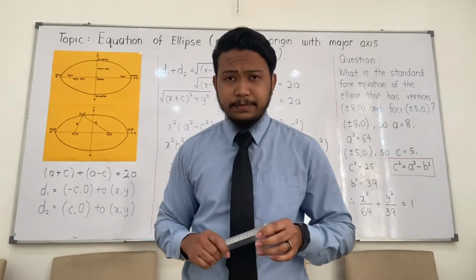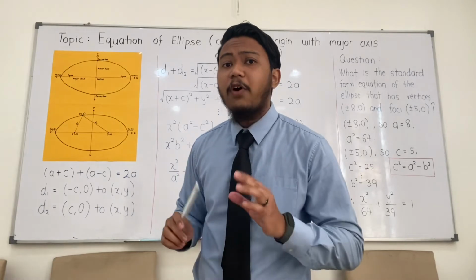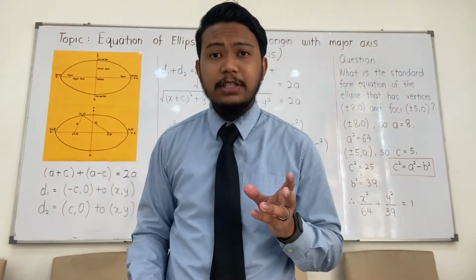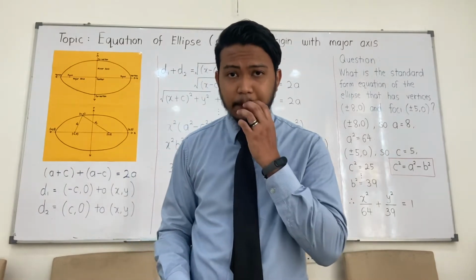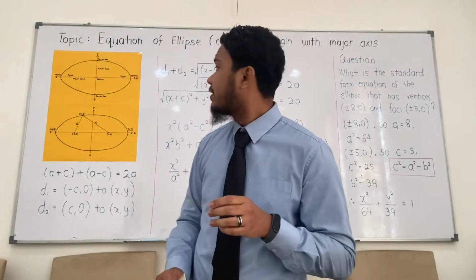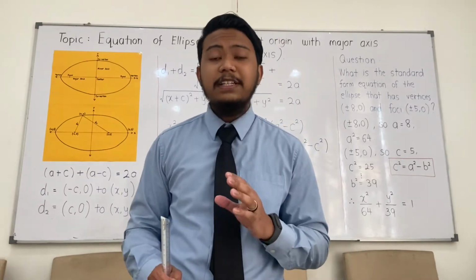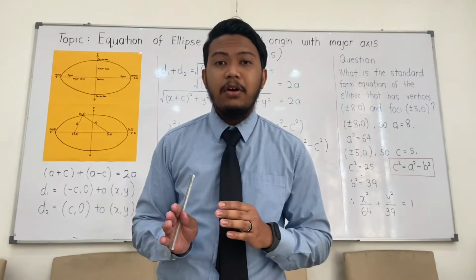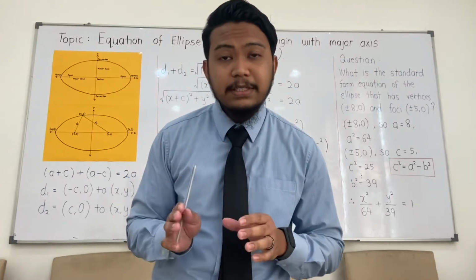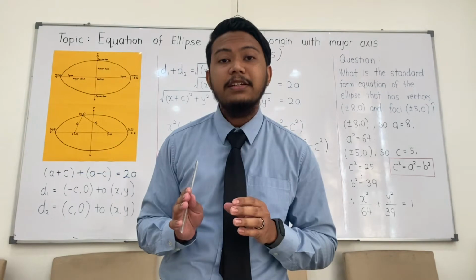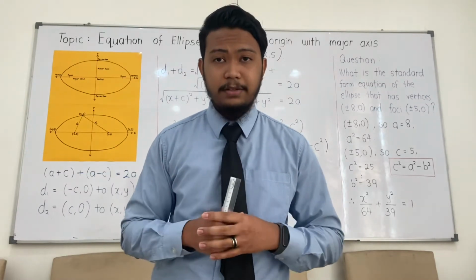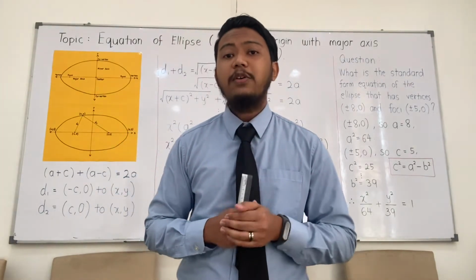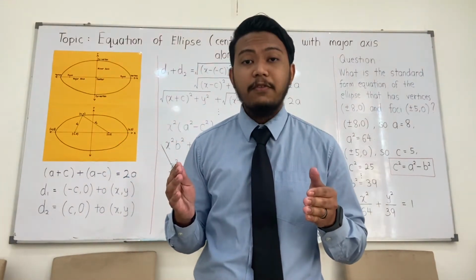And lastly, the foci always lie on the major axis, and the sum of the distance from foci to any point on the plane on the ellipse is greater than the distance between foci. Okay, next we move to how to derive the equation for an ellipse.